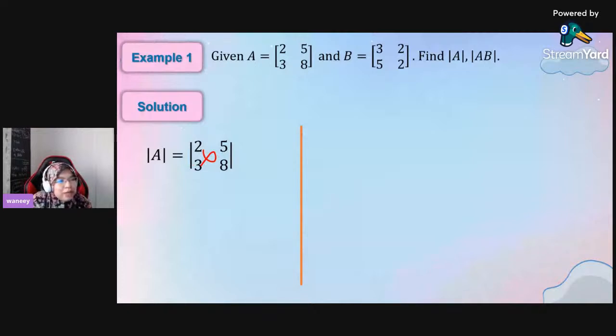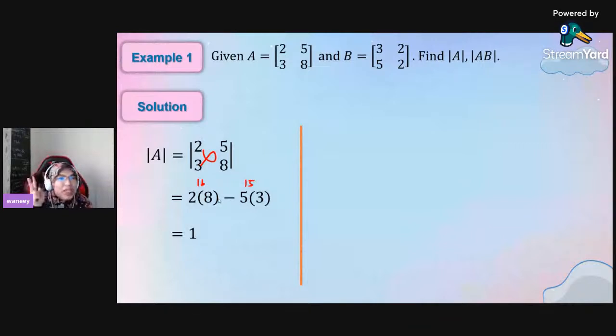That means we have 2 multiplied by 8 minus 5 multiplied by 3. 2 times 8 is 16, and 5 times 3 is 15. So 16 minus 15 equals 1.